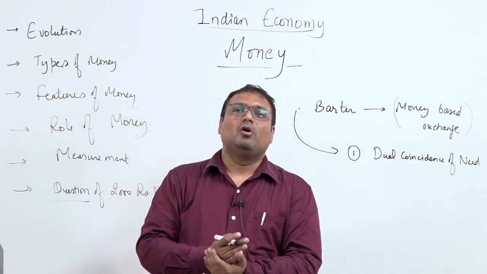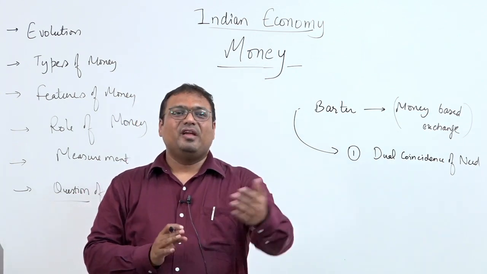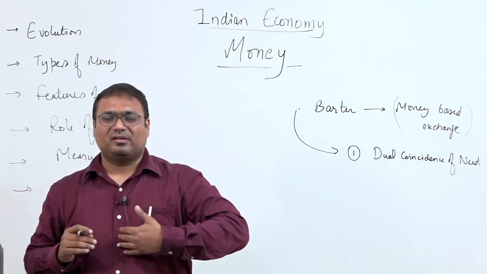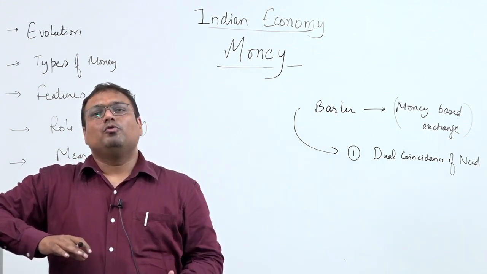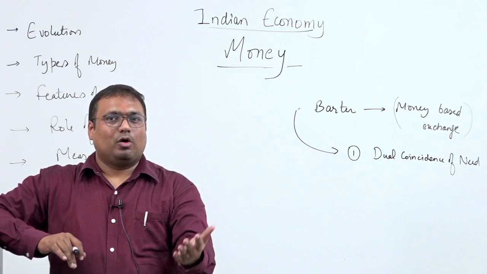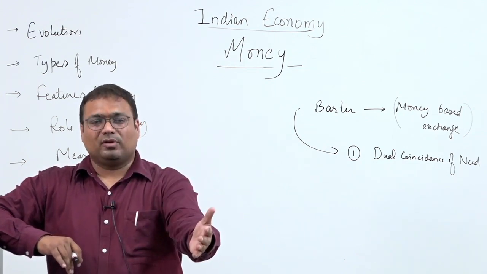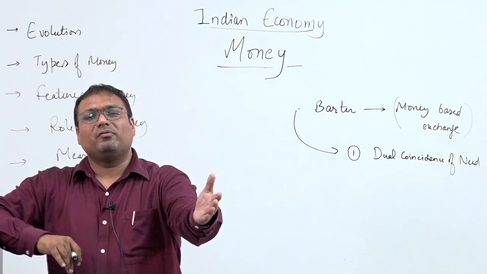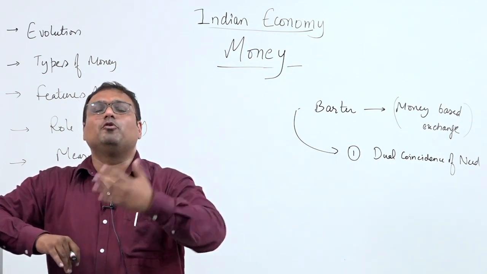Let us say we have a barter exchange system. That means, as I'm teaching here, you want to learn from me, then I will provide you a service, but in exchange you do not give a fee or deposit money. Rather, you bring what you have.